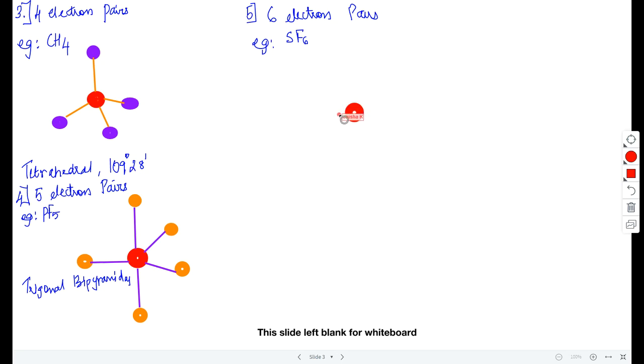Okay, they have not specified any angle over here, because it is trigonal bipyramidal. So there is a possibility of forming a triangle and two kinds of pyramids, right? Therefore, they have not specified a particular angle for this one.